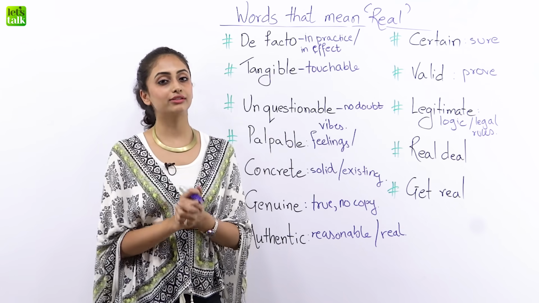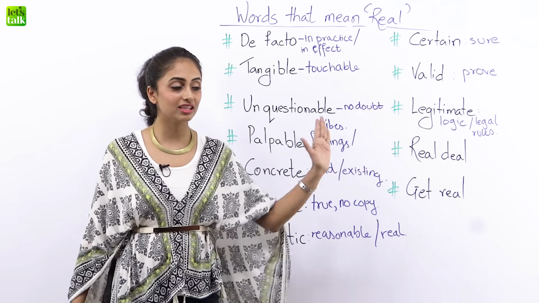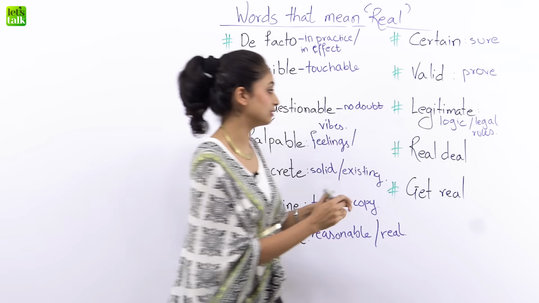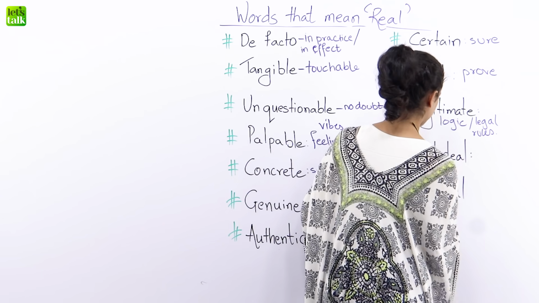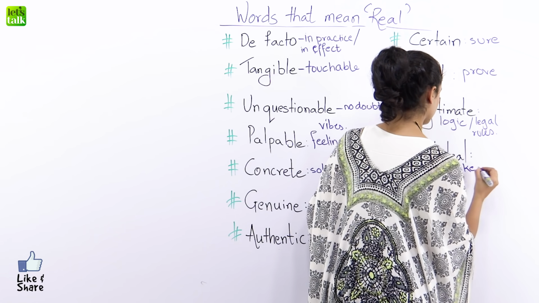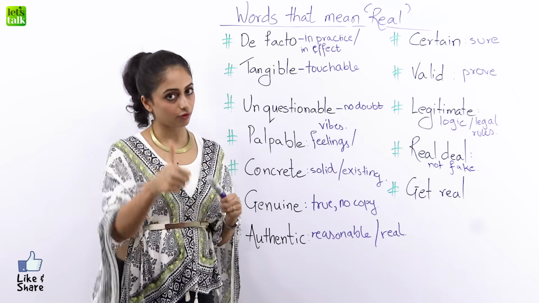They're basically trying to tell you that we are not trying to fake it, we are not trying to scam you, this is the real deal, you can go for it and you can seal the deal. Okay, not fake. Okay, something that you can put your faith in and go for it or buy it.